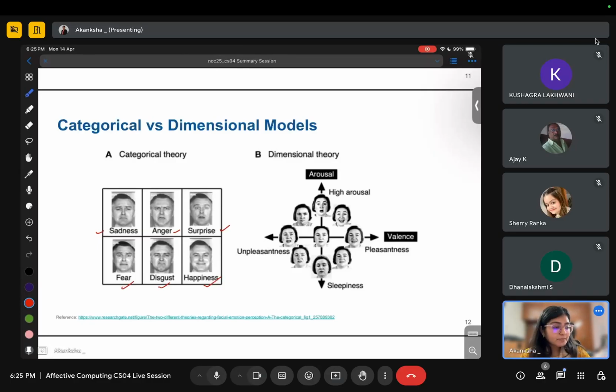There is no concept of half happy, 50% happy. It is either happy or fear or disgust. These 6 categories are predefined.